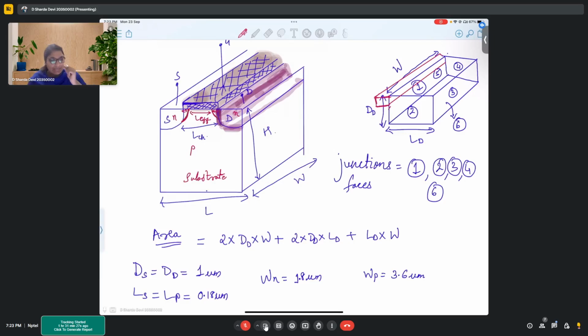So which faces of this cuboid will have a junction for overlap capacitance? Which faces would we consider if we had to find it from the junction capacitance formula? Where all will the junction be formed in this case? How many faces out of 6?